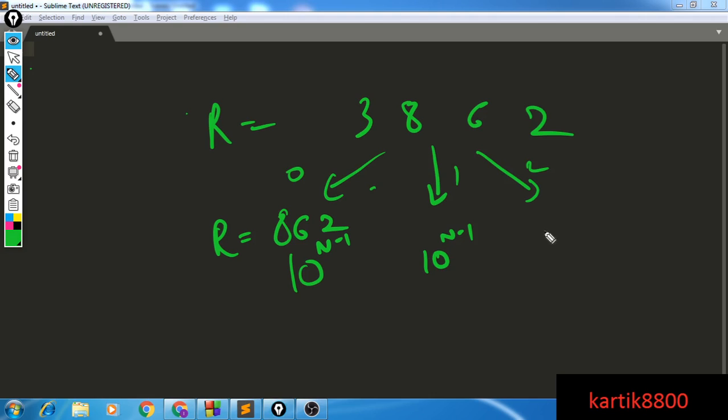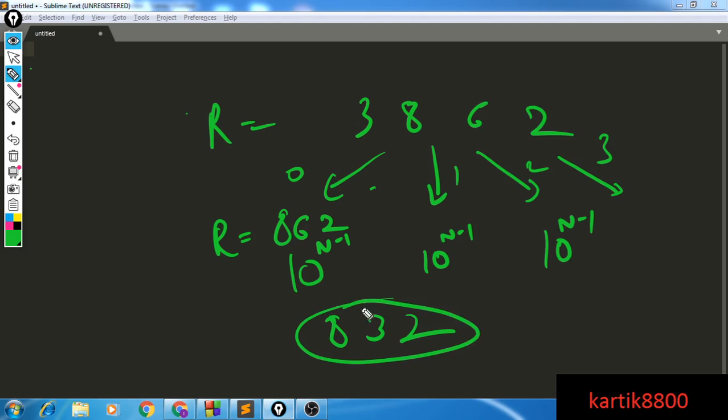Similarly, if I put in a 2, another 10 power n minus 1 for that. But if you put in a 3 at the leftmost position, then again you will be like, okay, how many 3-digit numbers exist with regards to 862? You have to make sure that you don't generate any number greater than 862.